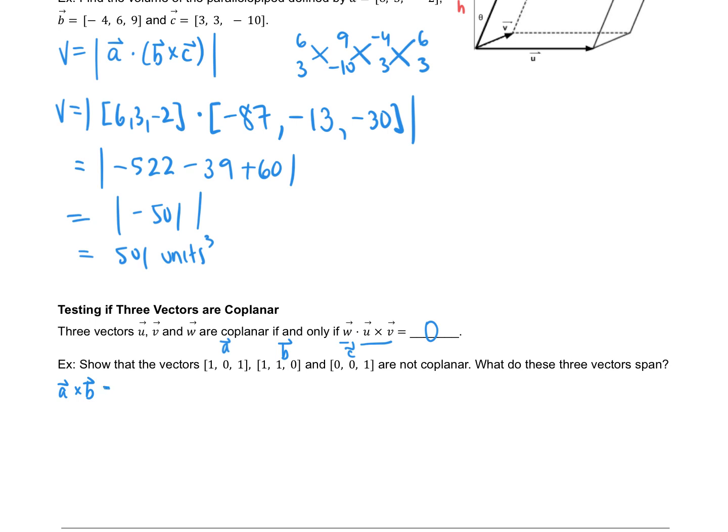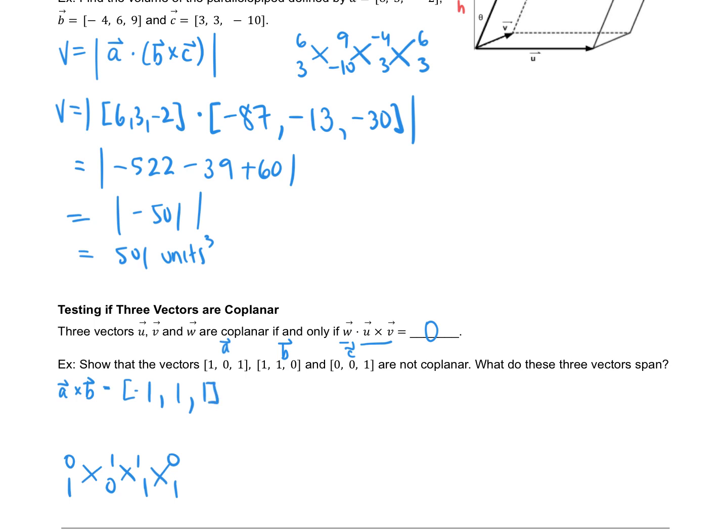So I'm just going to go below here. 0, 1, 1, 0, 1, 0, 1, 1. Now that's 0 minus 1, it's negative 1, 1 minus 0, and 1 minus 0 again.